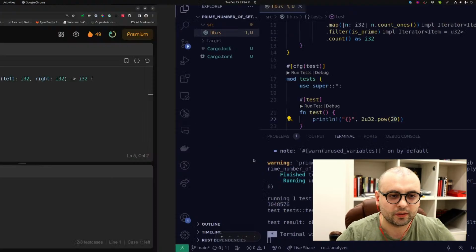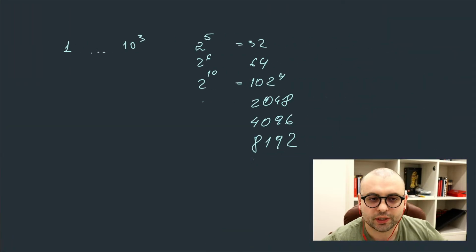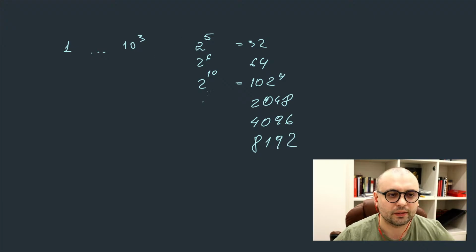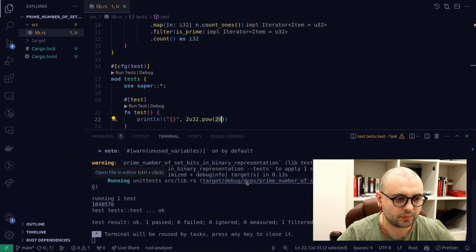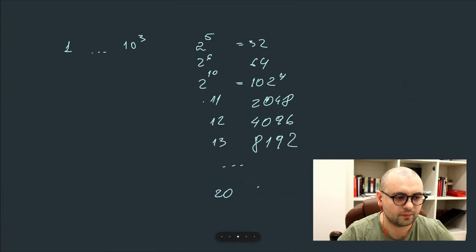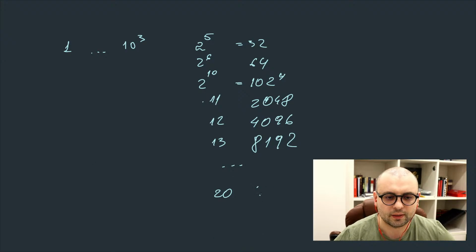So if we go with a similar approach here, this will be like 11, 12 bits max set, 13 max bit set, and 20 will be that number, a million or something like that. 1,048,576.